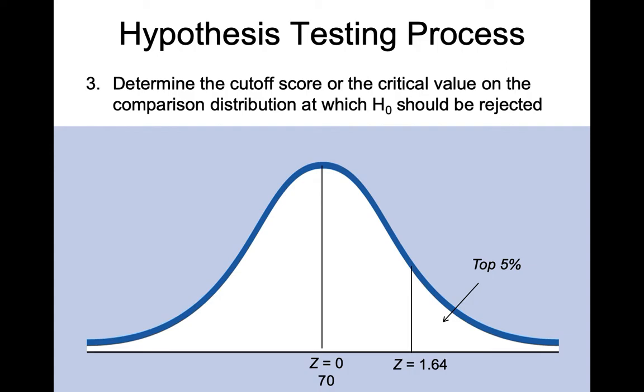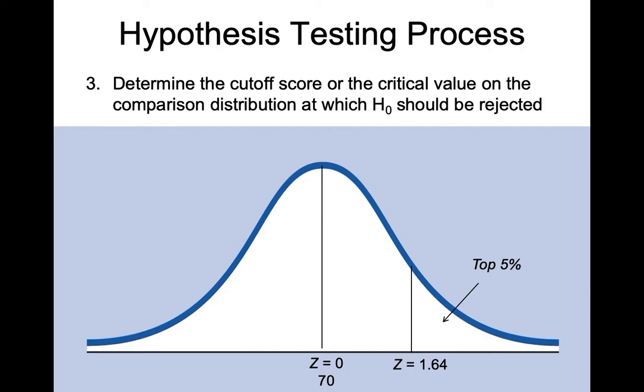1% is another conventional level, but I'm sticking with 5% for now. So what this means in terms of statistical significance is we're saying we're looking for a sample result that would be unlikely if our sample comes from a population that is just like the untreated population.